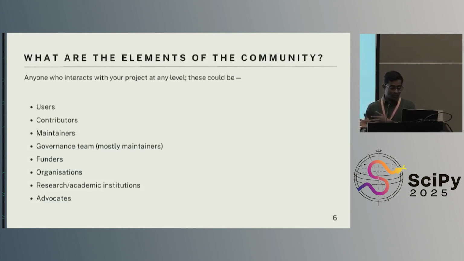And then we have other people who fund a project, like CZI and other foundations. Then you have organizations, big companies, and research academic institutes. If you imagine this as a sphere, all these people form the community of your project, and they should be taken care of and managed very well in order to foster a healthy community.